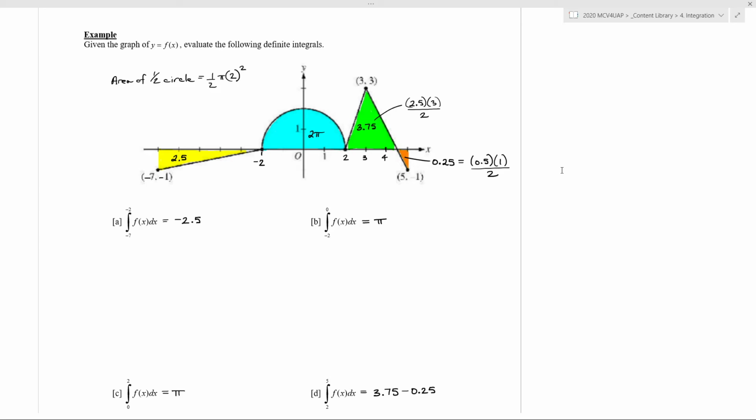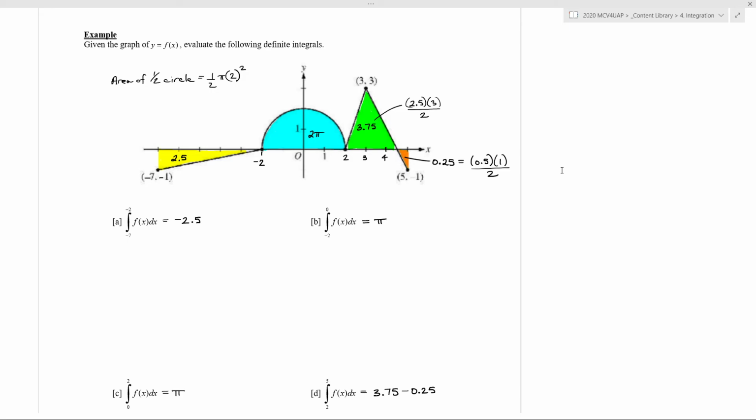You have a green triangle which has an area of 3.75. Careful with that one. The base is 2.5 and the height is 3, so that area is 3.75. And then the small triangle below the x-axis has an area of 0.25.